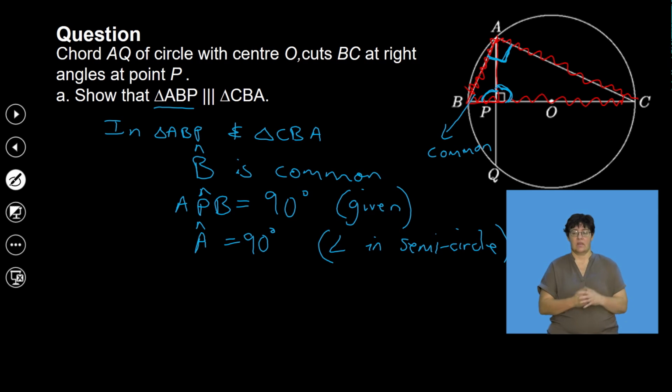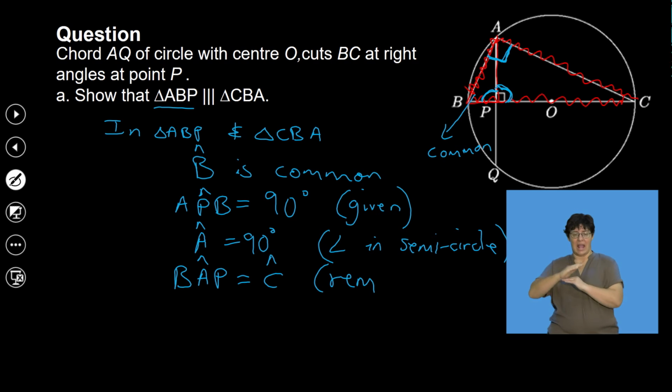From there, I can claim that the last angle in the two triangles is equal. Why? Because of remaining angles, right? The last angle in triangle ABP is angle A, so it will be angle BAP, and this will be equal to the last angle in the other triangle, angle C. The reason for this will be remaining angles.